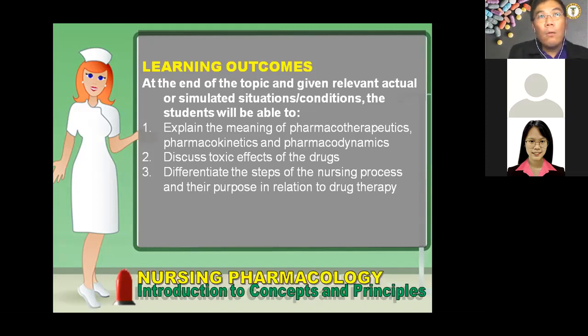So, how can we consider the nursing process? For example, when you are about to give a drug, I will give an example of a drug that ends in -olol. Don't get me wrong, I will pronounce it right.